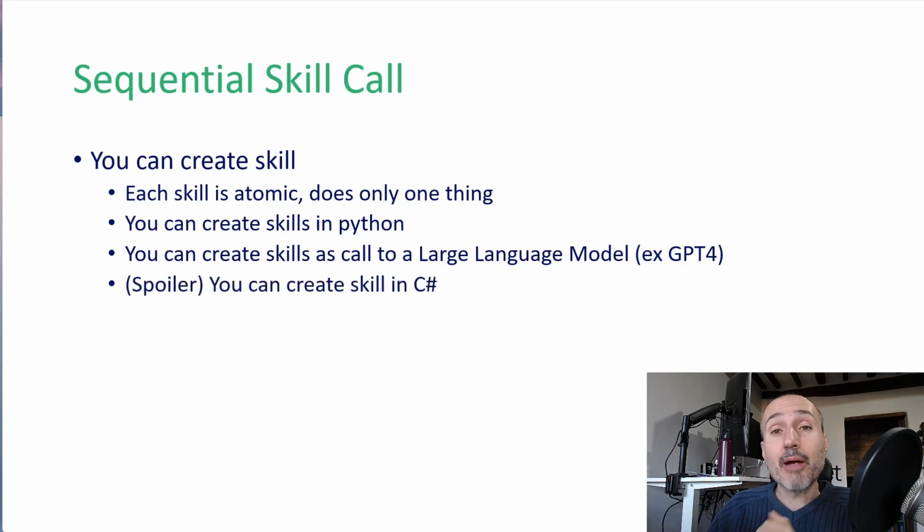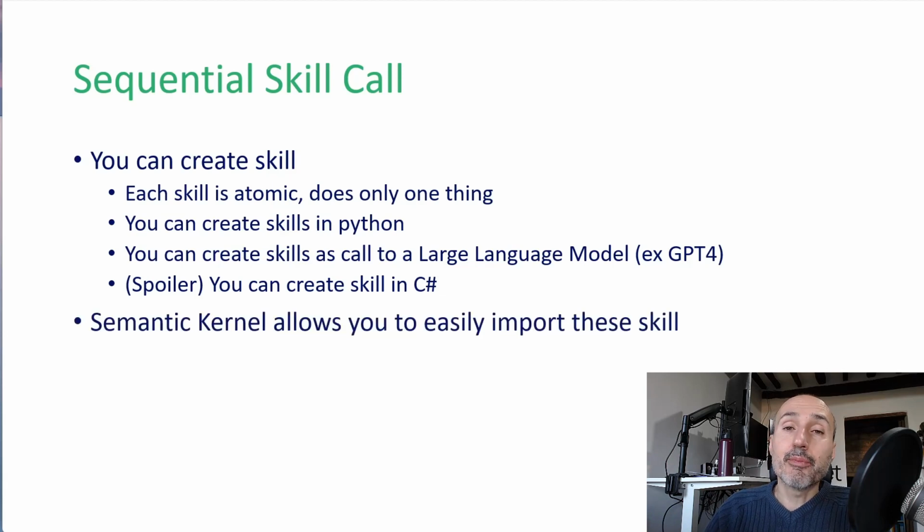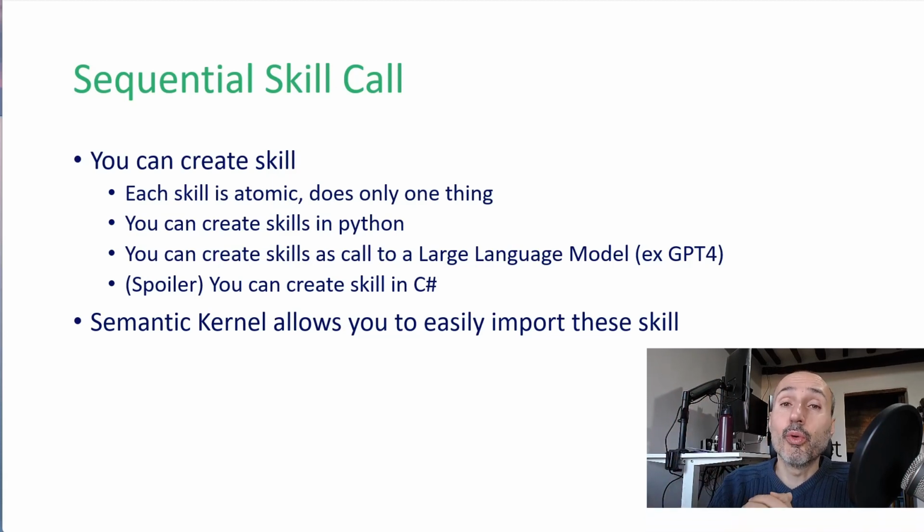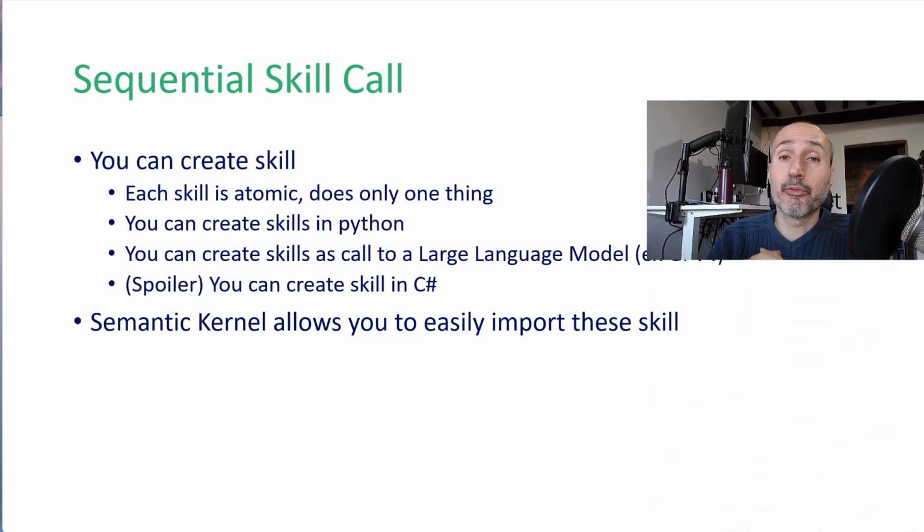A spoiler, I will show you that everything works also in C#. So it's a higher level language, compiled, where you can have more control on your code, and you can create skills in C#, absolutely. And semantic kernel then allows you to create a kernel object and import the skill in a very simple way. As you can see, just scan a directory for a semantic plugin, or take this Python class and import all the methods that are decorated with a specific attribute.